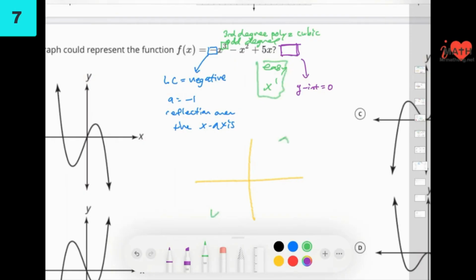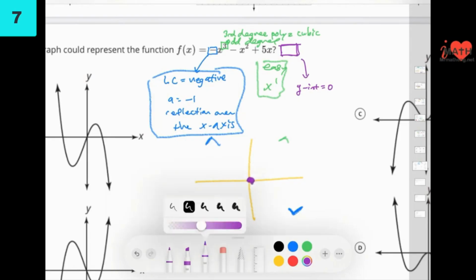But the leading coefficient here is telling me that it's switching. So we're looking at the blues now, and then a y-intercept of 0 is going to look something like this. Okay. So let me just go ahead and sketch that graph. I don't know, it might look something like this.